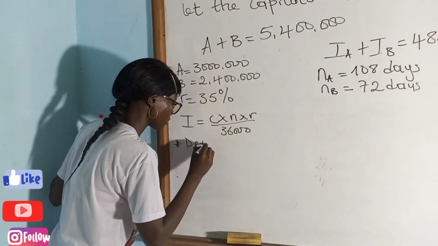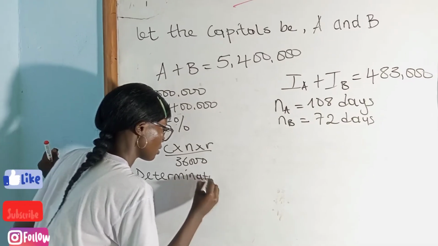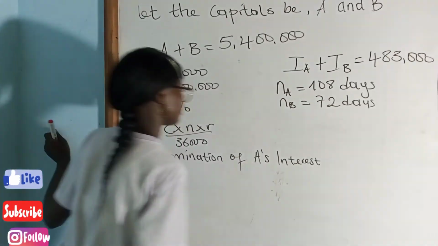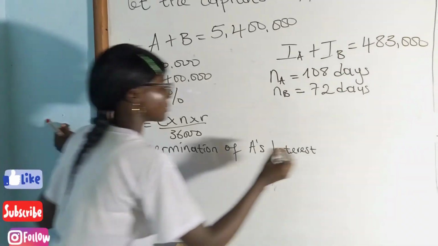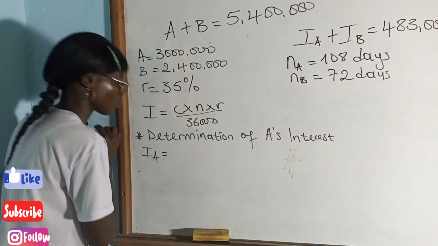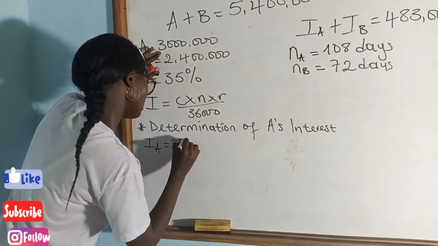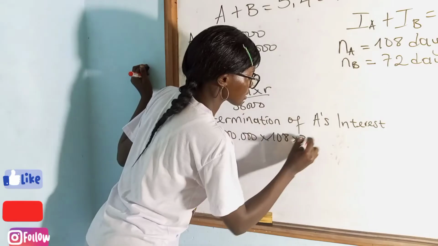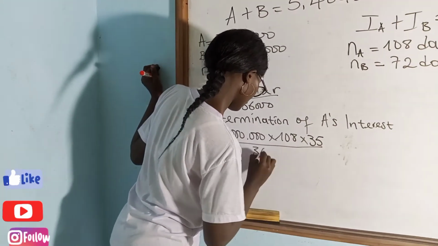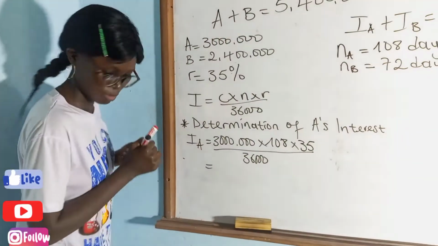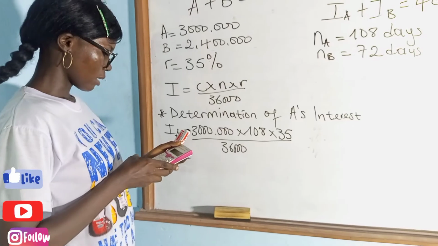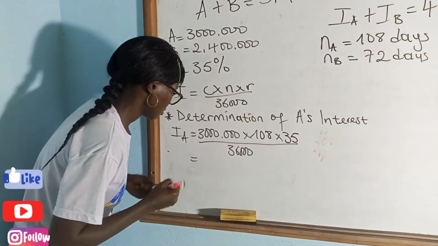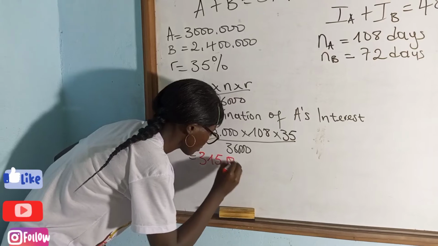Determination of A's interest is equal to capital A, 3 million, times 108 and times the rate 35, divided by 36,000. 3 million times 108 times 35 divided by 36,000 will give us 315,000 francs.